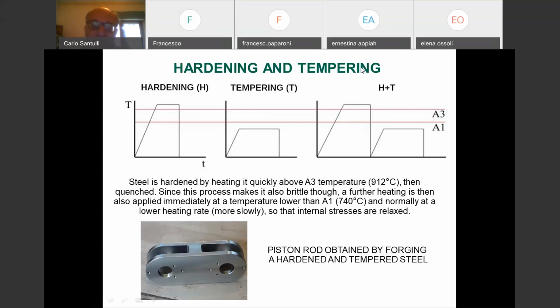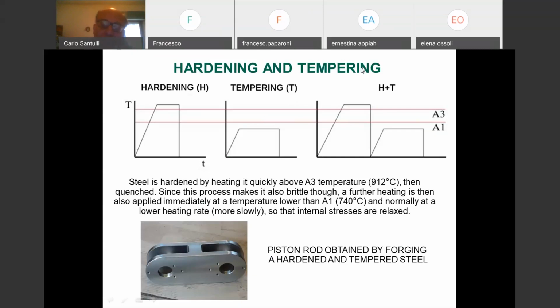As a matter of fact, you make your steel quite brittle. Of course, you quench it and you make it quite brittle. I'll give more details about that later on, because in reality this is a very typical operation. You have the hardened and tempered steel.